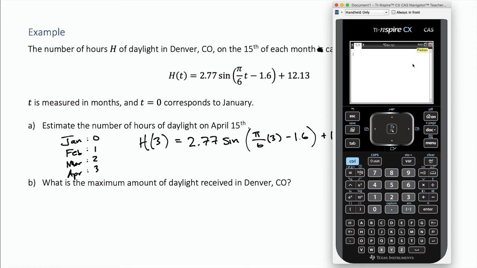RAD for radians. If I click on the gear, I can change the settings, document settings, and next to angle, I can change the radian to degree. I'm not going to change it because I want radians. So it's important to know that when evaluating these, you need to make sure that you are in radian mode.